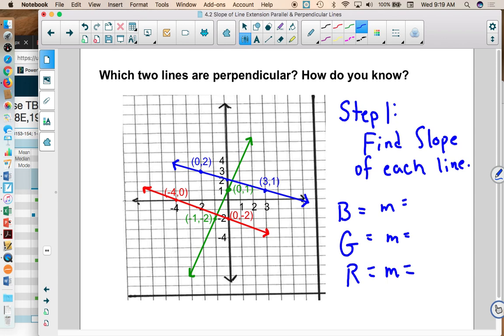Well, it's not -4. So what's the opposite, right? So you have 4. Okay, so what is -2/4? We reduce that.